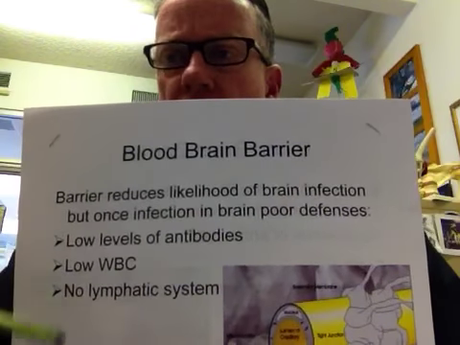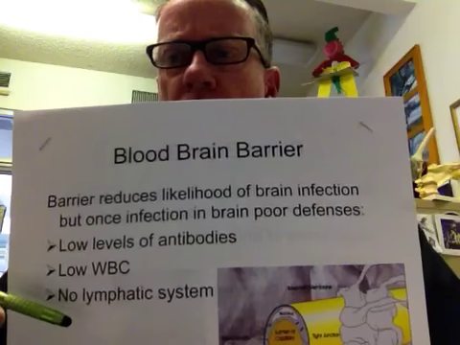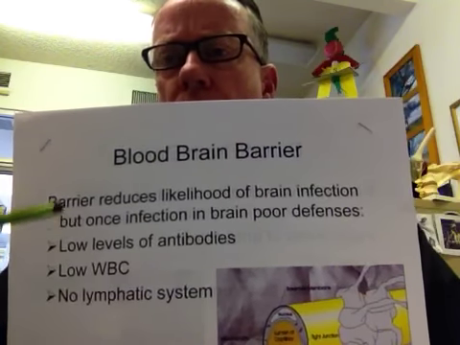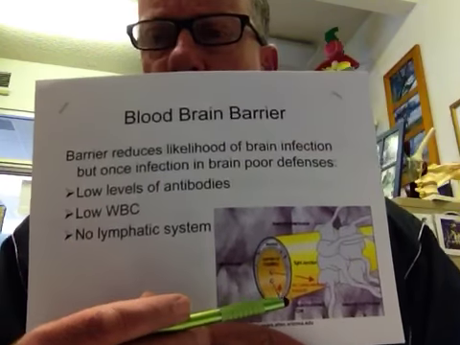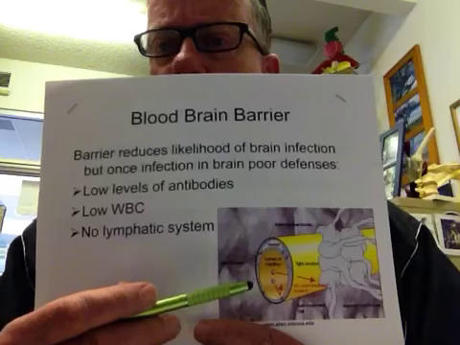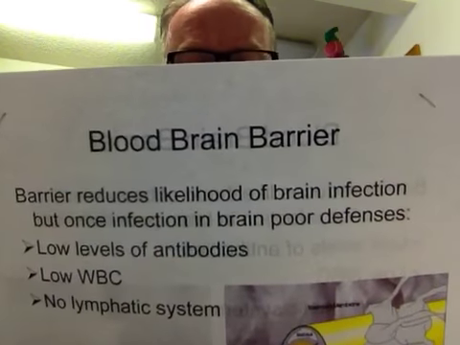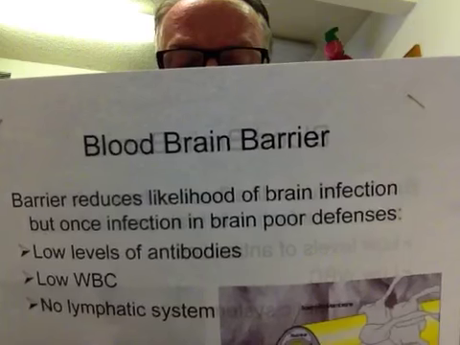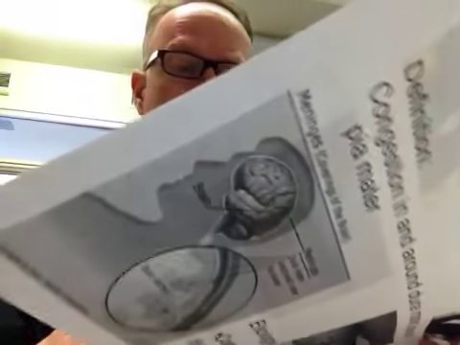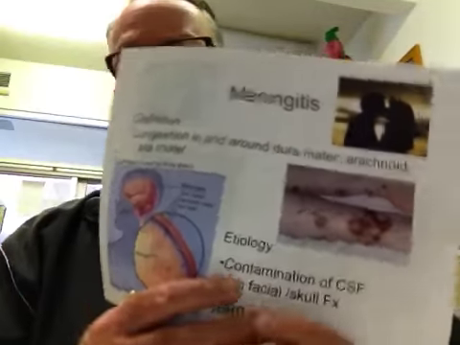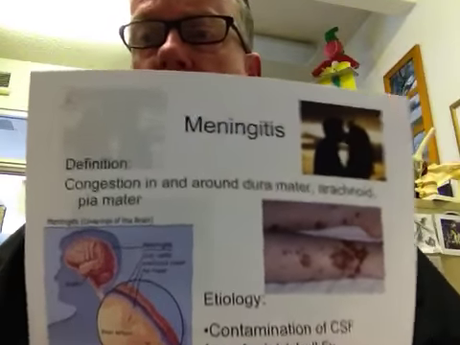And so this blood-brain barrier phenomenon reduces the likelihood of pathology to the brain. The brain has low antibodies, low white blood cells, and no lymphatic system. So once the infection gets there, there's not much help at all.